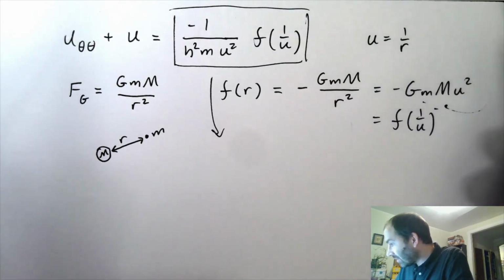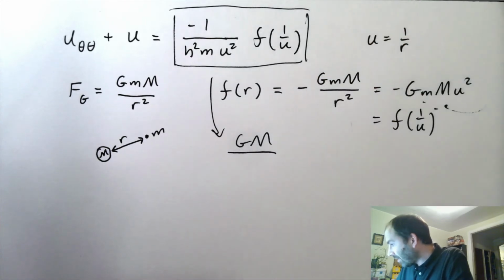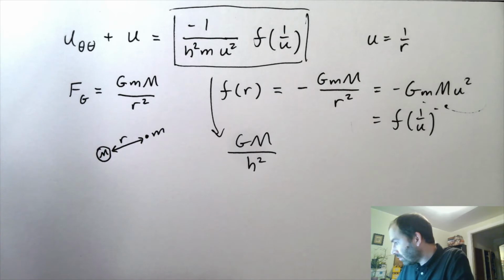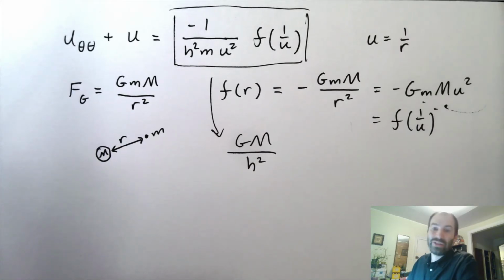So I just get g capital M divided by h squared. That's it, right? Everything else cancels off, so I just have a constant. Wow, okay, it's just a constant.